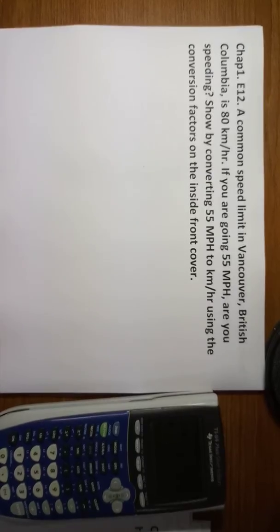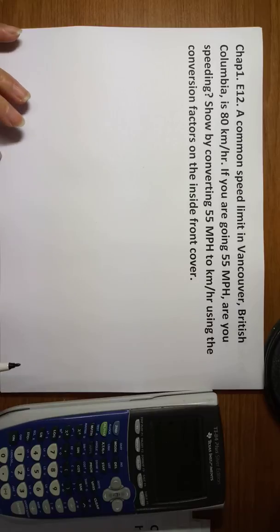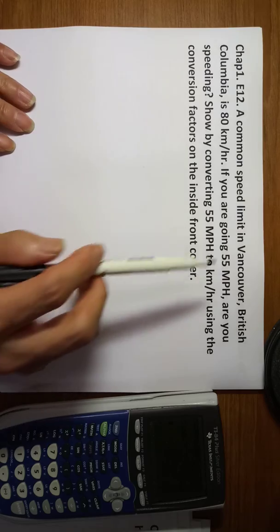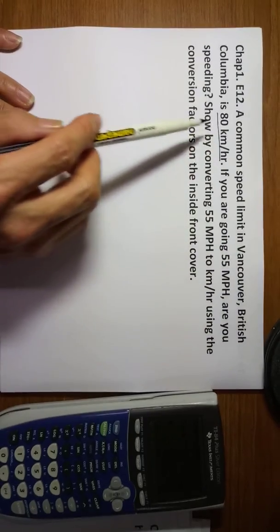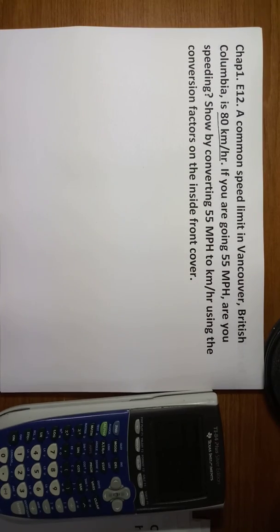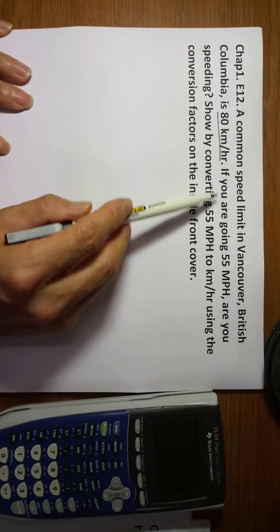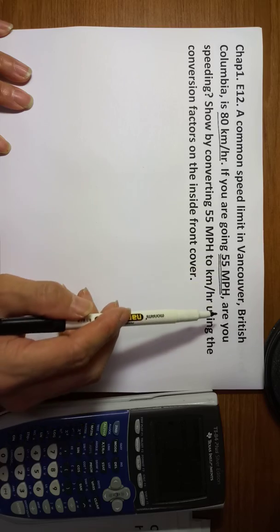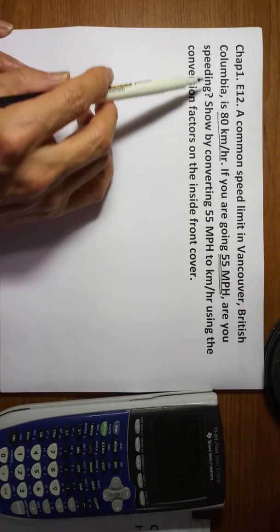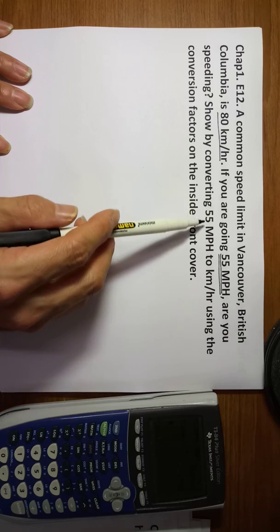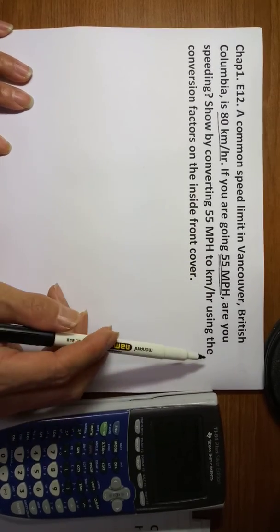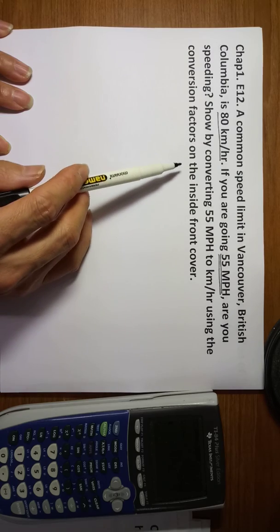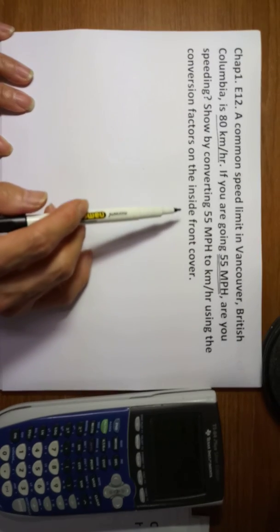Okay, E12 on chapter 1. A common speed limit in Vancouver, British Columbia is 80 km per hour. If you are going 55 miles per hour, are you speeding? Show the converting of 55 mile per hour to kilometer per hour using the conversion factors inside the front cover.